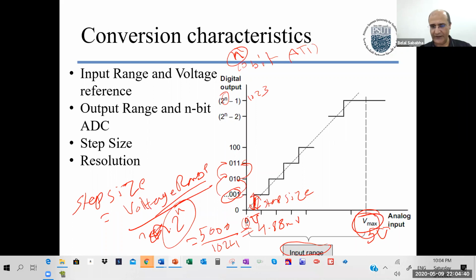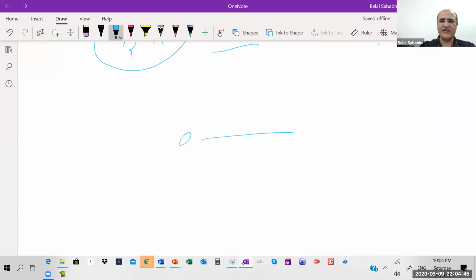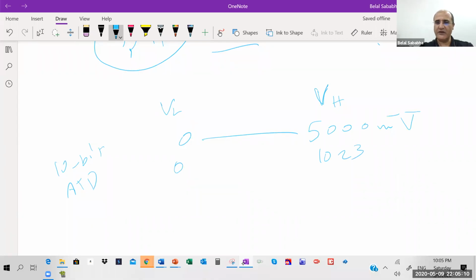This is not something to memorize. If I say I can recognize a voltage from 0 to 5,000 millivolts, voltage low, voltage high, and I have a 10-bit A to D, then the smallest digital value is 0. The largest is 1023.